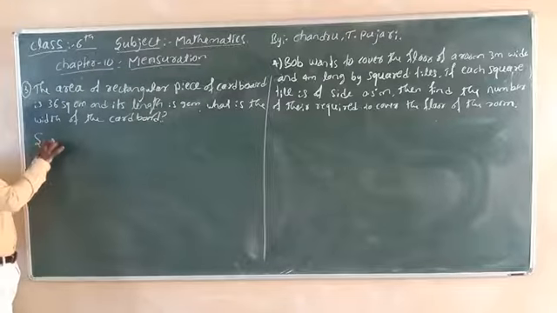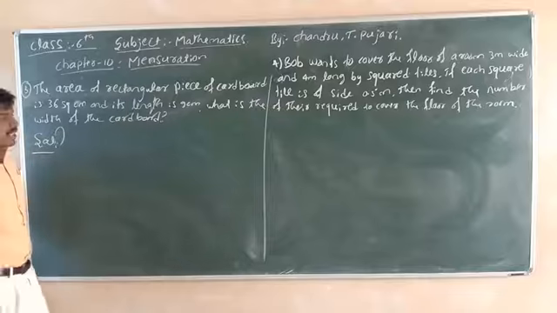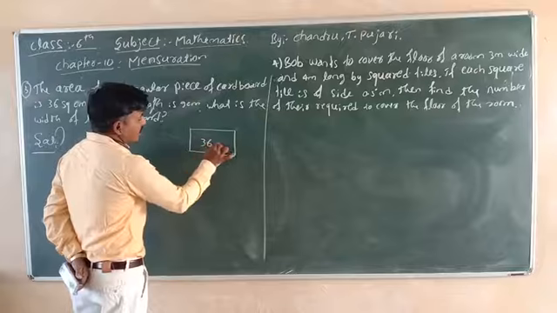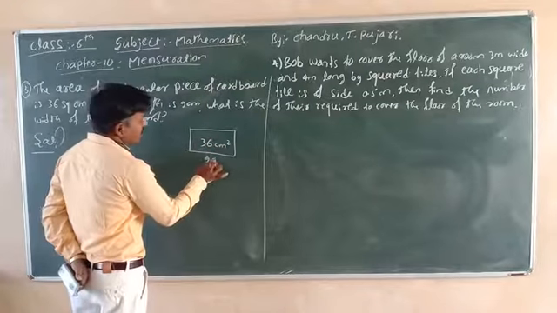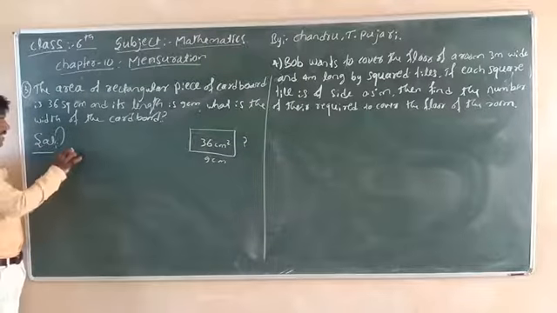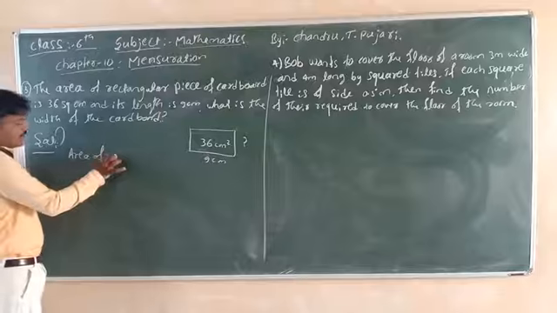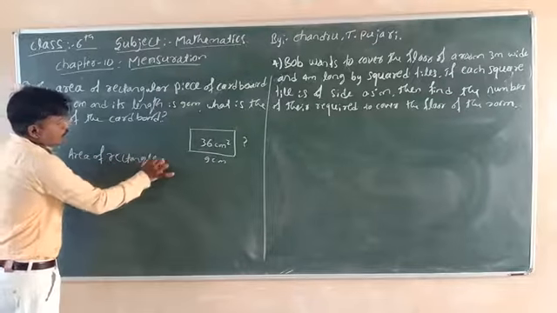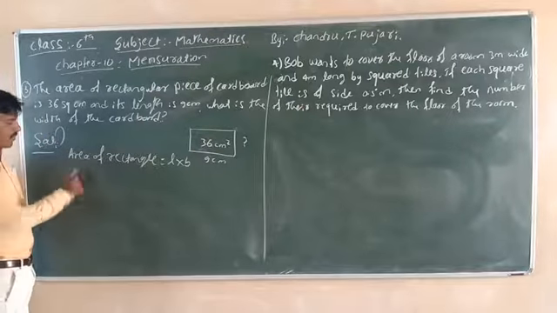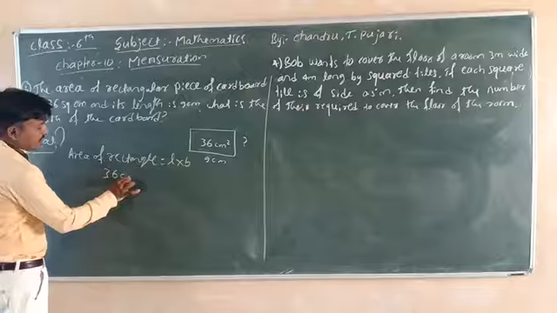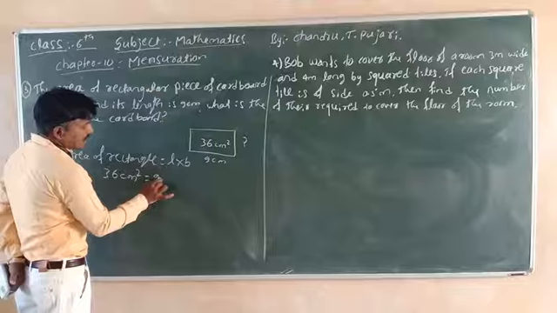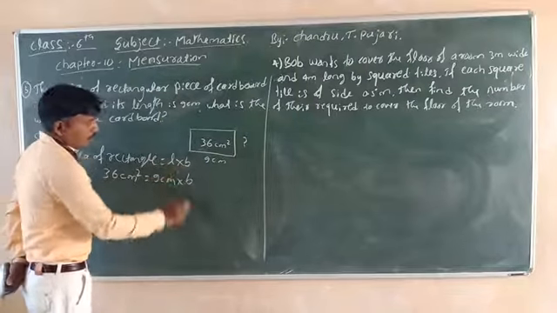Solution: the cardboard is in a rectangular shape. The area is 36 centimeters square. Length is 9 centimeters. You can find the breadth. Therefore, write the formula: area of rectangle is equal to length into breadth. Next, we put the values. 36 centimeter square is equal to 9 centimeters into breadth, which we don't know.